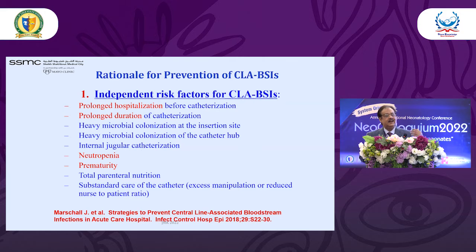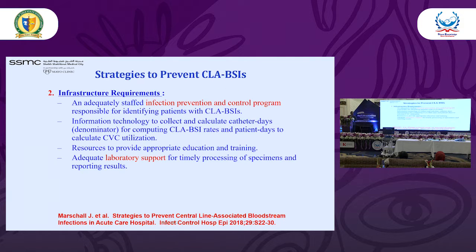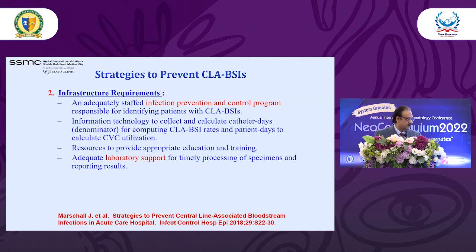If you do early extubation or use non-invasive ventilation, most probably the baby will do better. And if you use breast milk, then of course the baby doesn't need a central line for that. Infrastructure, we all talk about, you have to have a laboratory, you have to have an infection prevention and control program, as most of us have.